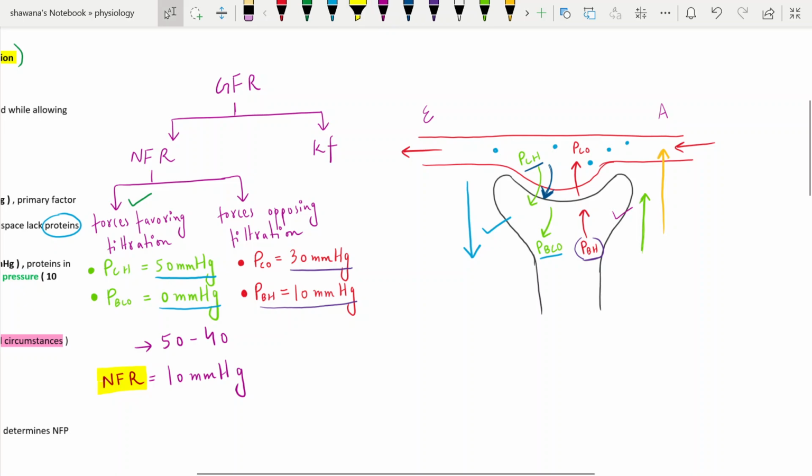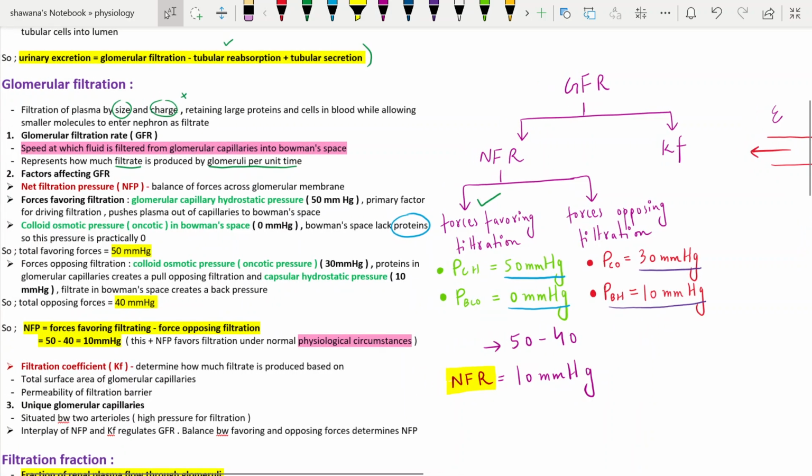So we can sum up these forces. The forces that favor the filtration total 50, and the forces that oppose the filtration total 40. So the net filtration rate is approximately 10 mmHg. We can also represent it as net filtration pressure.